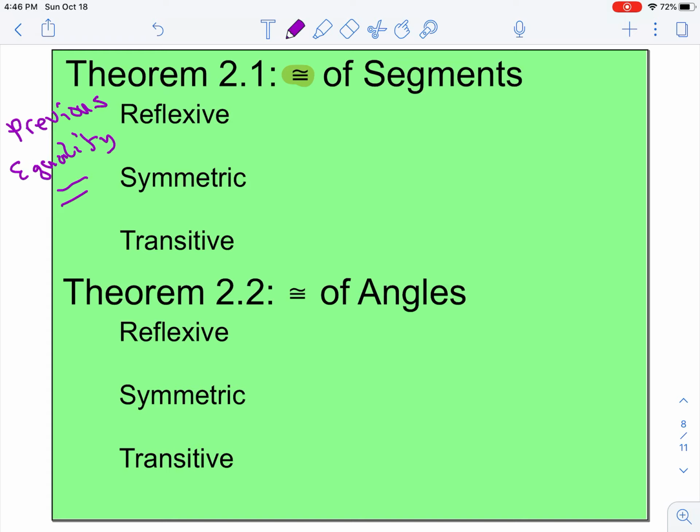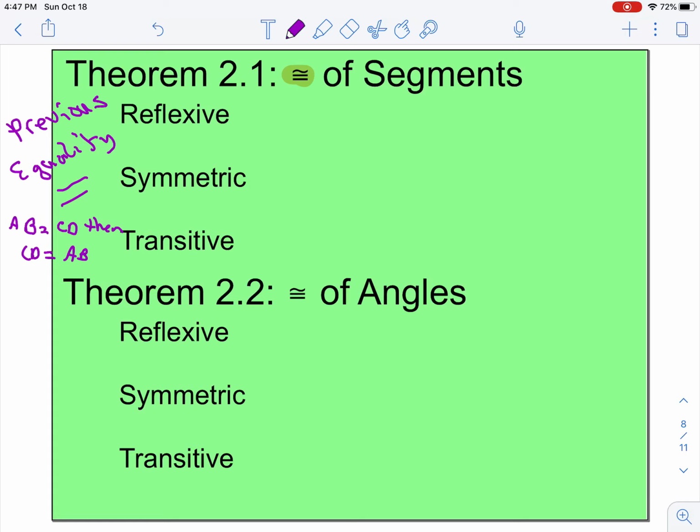Previously, for the symmetric property, we would have said something like, if AB equals CD, then CD is equal to AB. So we just flipped it around the equal sign. That's what it looked like previous to this.